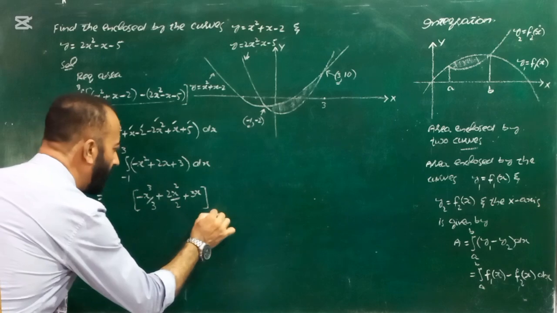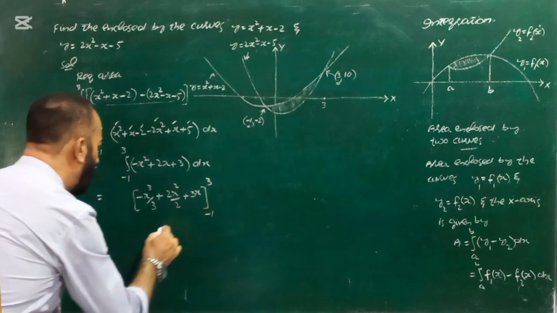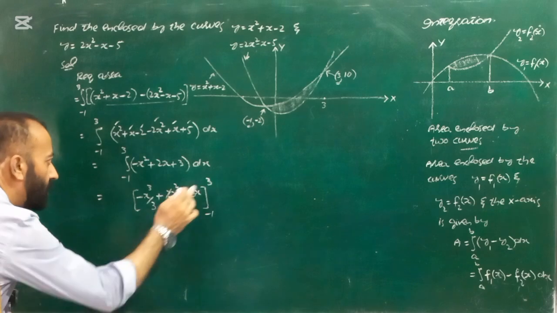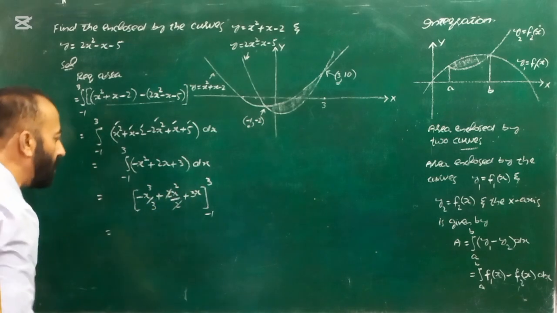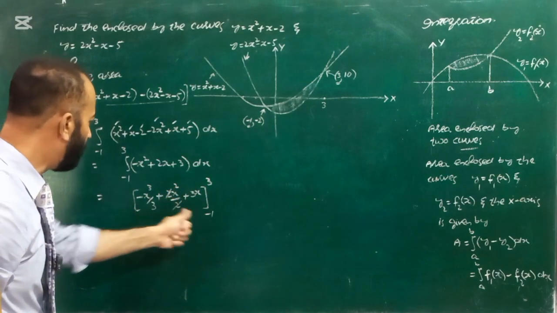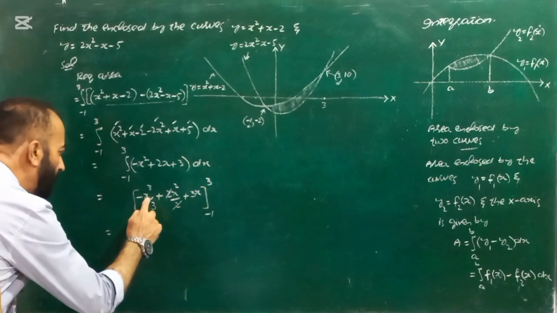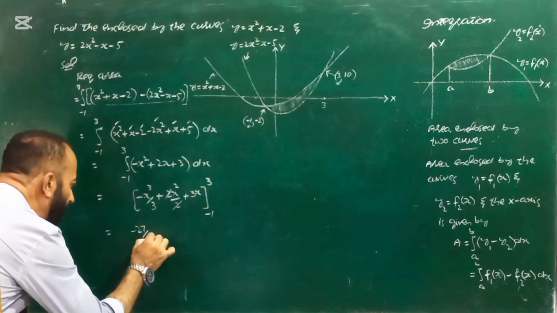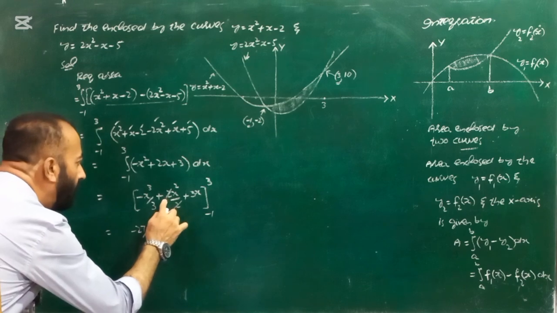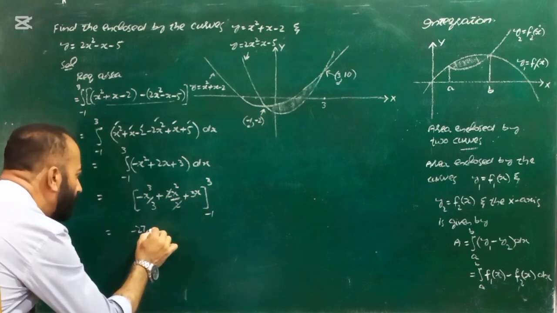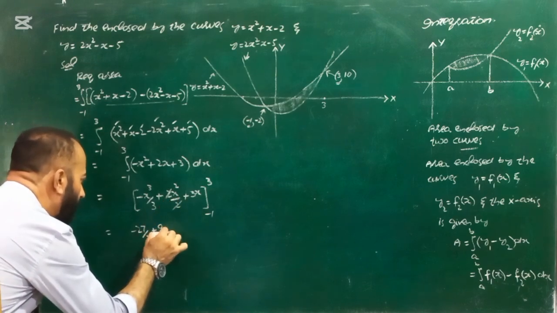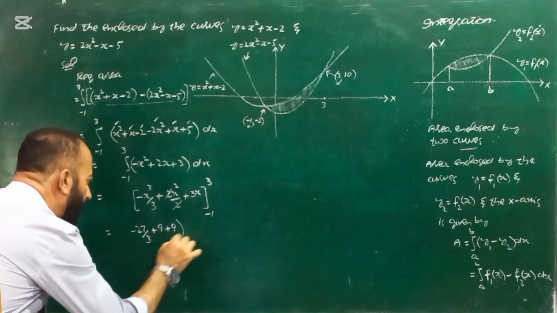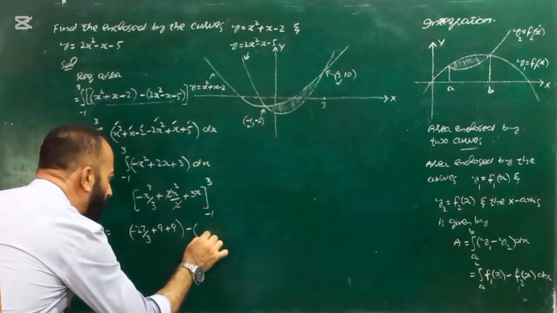These limits will come here now, and now applying the limits, these two will be cancelled. So these limits are going to be applied, that will be upper limit minus lower limit. So 3 will be applied here, so minus 27 over 3 plus 9, minus lower limit.